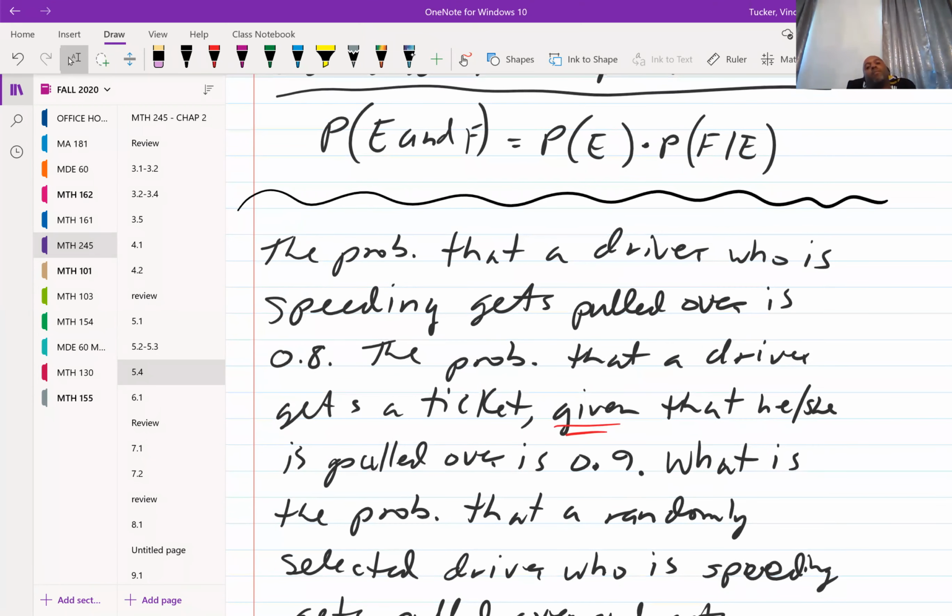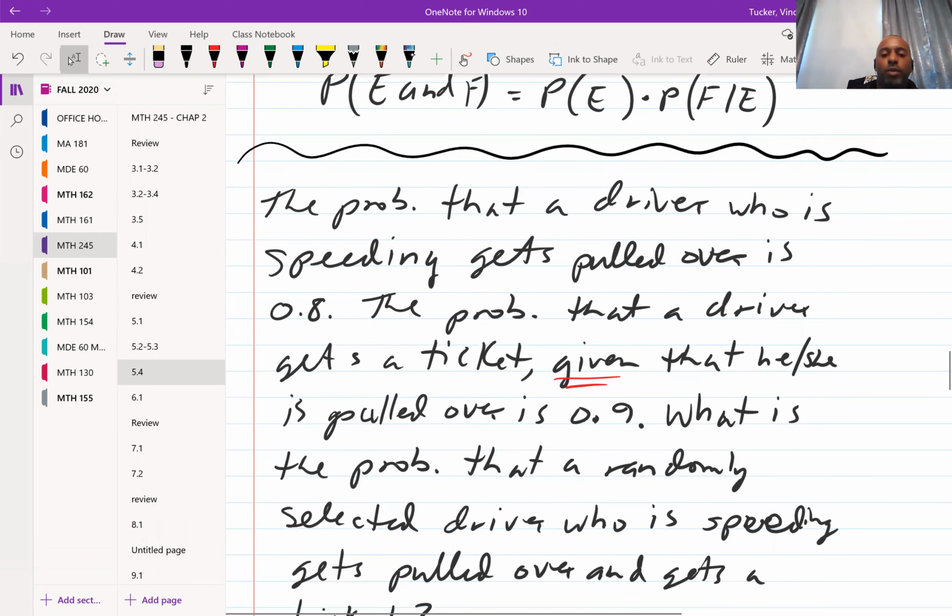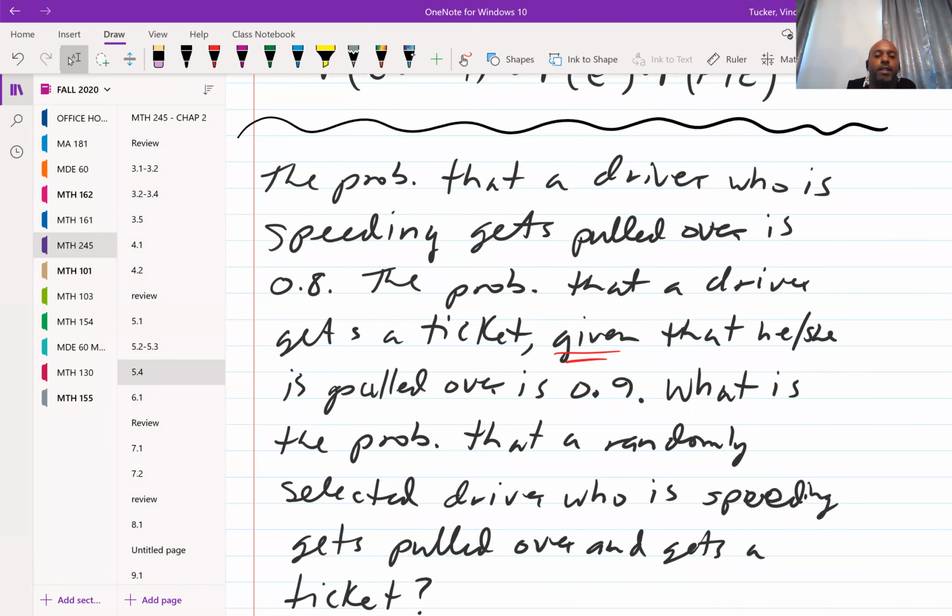So here we have the probability that a driver who is speeding gets pulled over is 0.8. The probability that a driver gets a ticket given that he or she is pulled over is 0.9. What is the probability that a randomly selected driver who is speeding gets pulled over and gets a ticket?